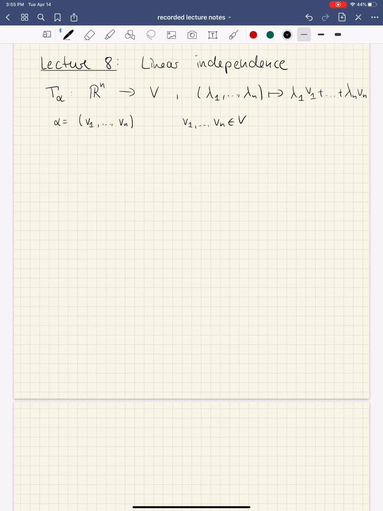And then we saw that the span of v1 through vn is equal to the whole vector space if and only if, well, this gamma alpha is surjective.